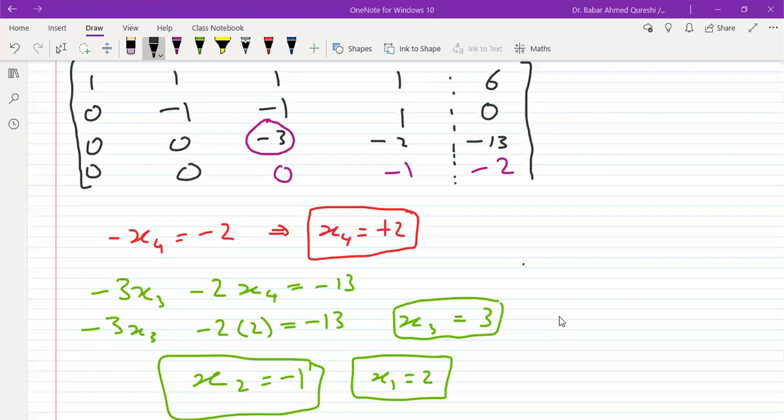The equation above it has x3 in it, and once you put this unique value of x4, you will have a unique answer for x3, and so on. So you keep back substituting, and every time you get a unique answer for a variable. Finally you end up with a unique solution.